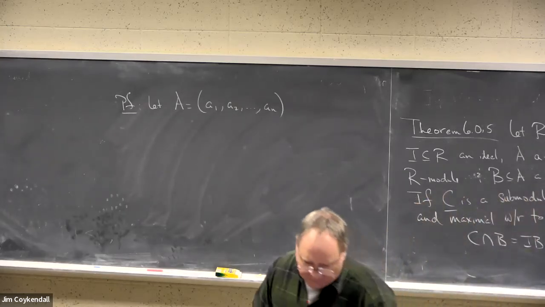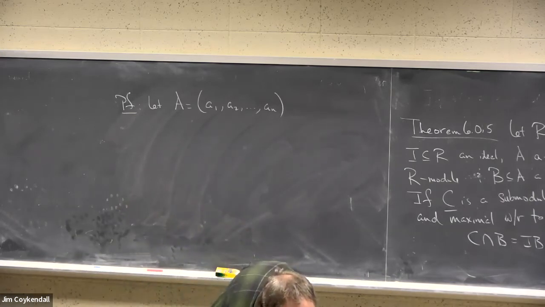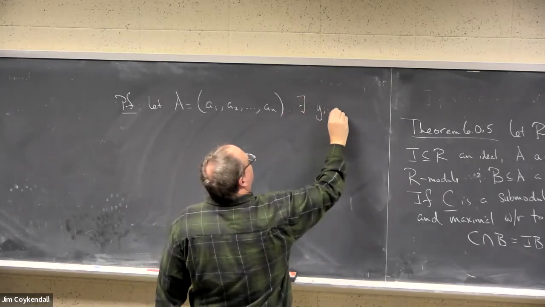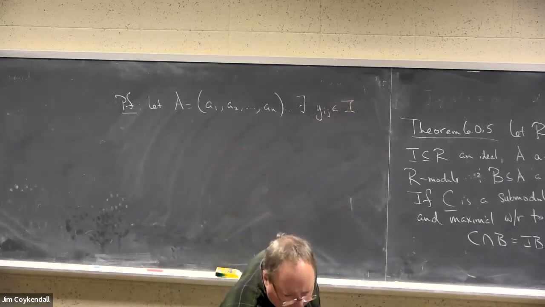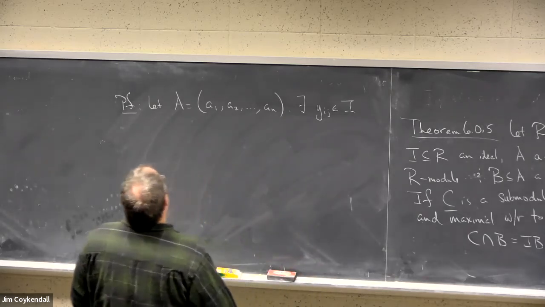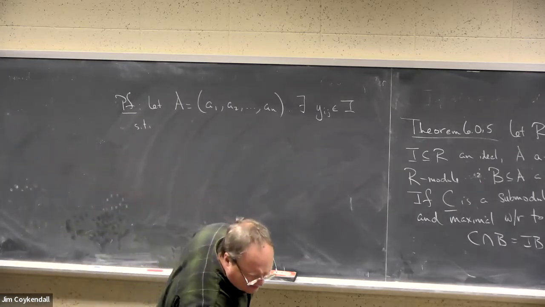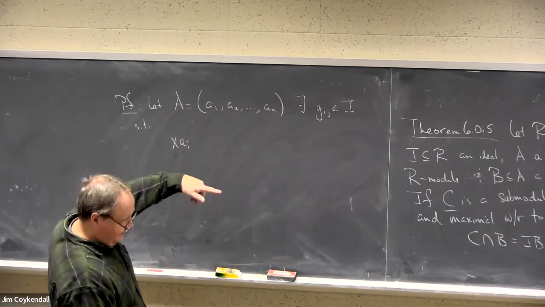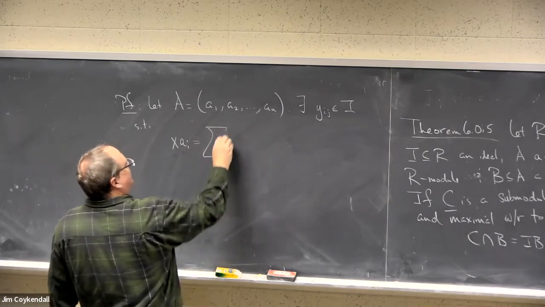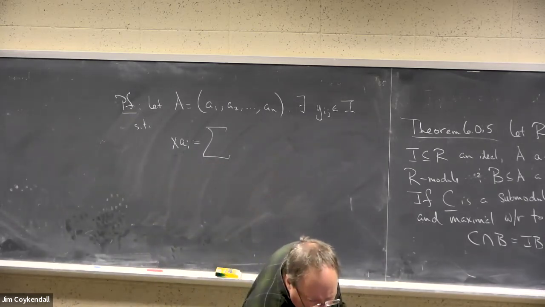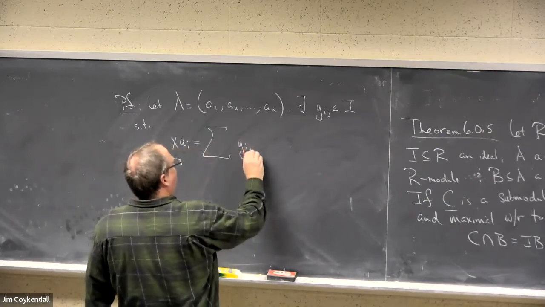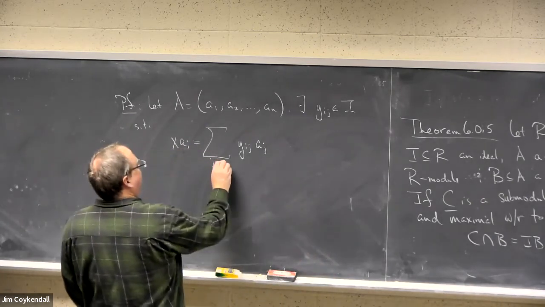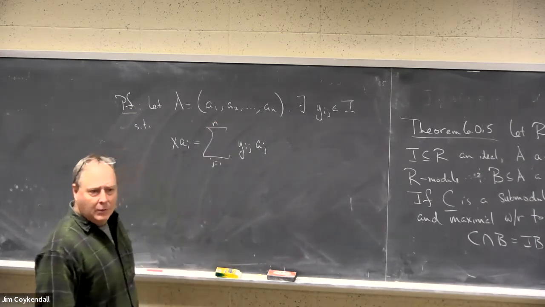So let me try to write this out. There exist, let's say, Y_ij in I, so these are just some elements that we find to make this work, such that X A_i, well, of course, X A_i is an element of XA, and so this has got to be in I times A, is the sum of Y_ij A_j.